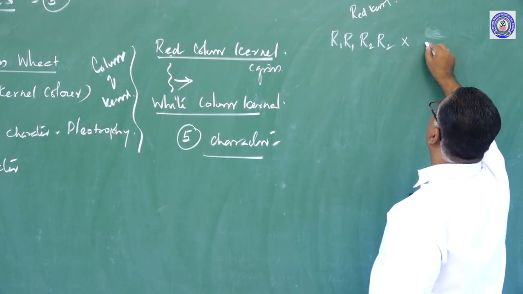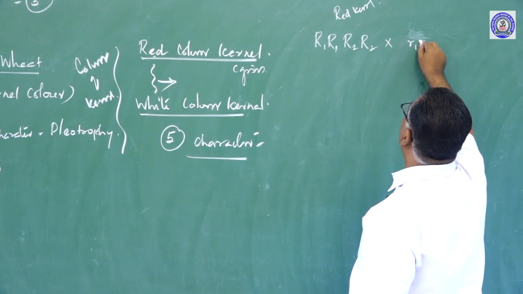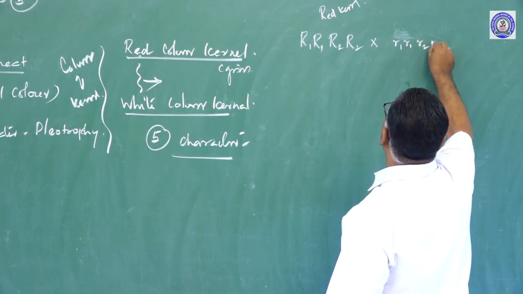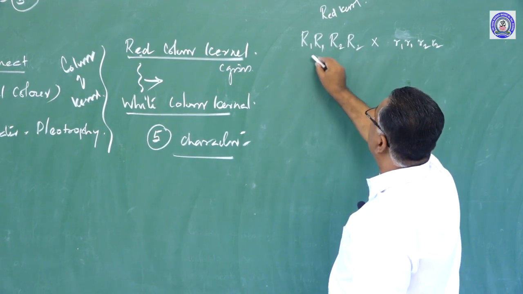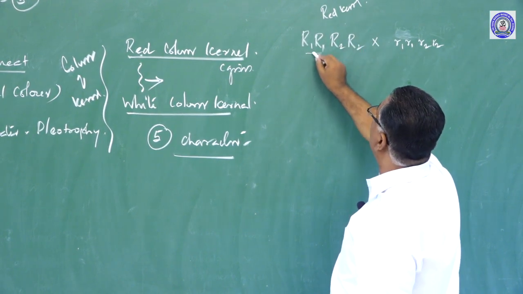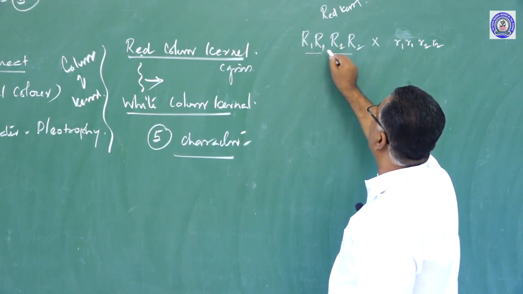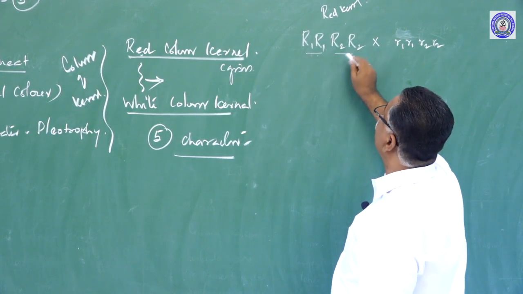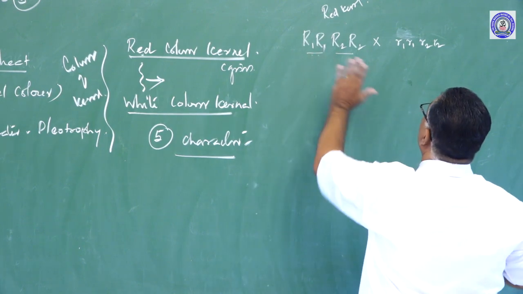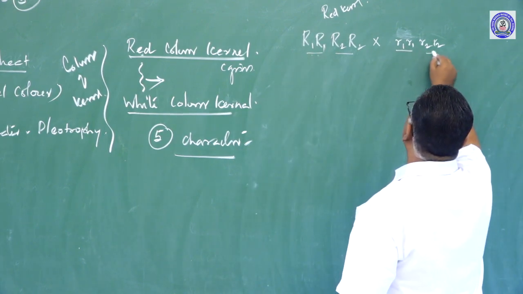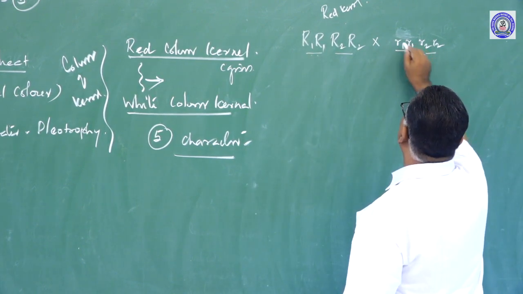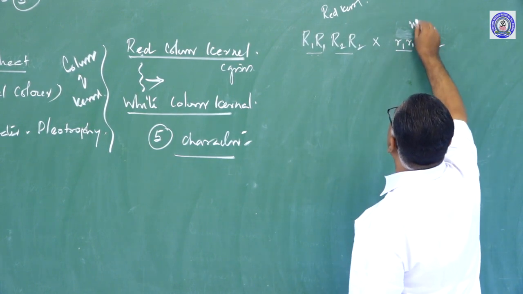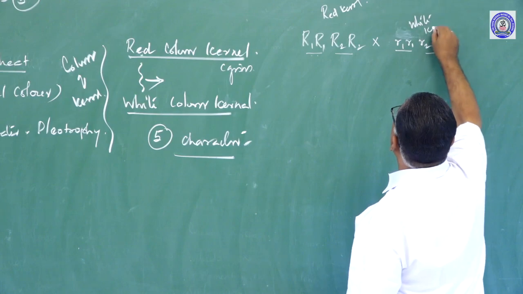Another, we are having R1, small r1, small r2. The red color is controlled by 2 genes, R1, R2, with 2 alleles each. So, 4 alleles are here. And in the same way, R1, one gene with 2 alleles, and R2, one gene with 2 alleles. And this is white kernel.